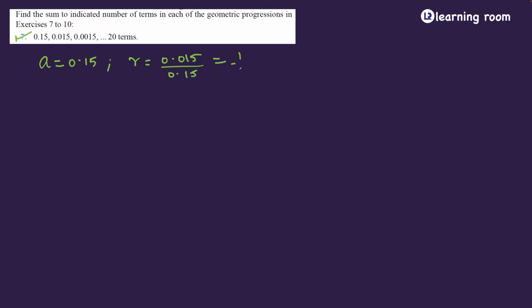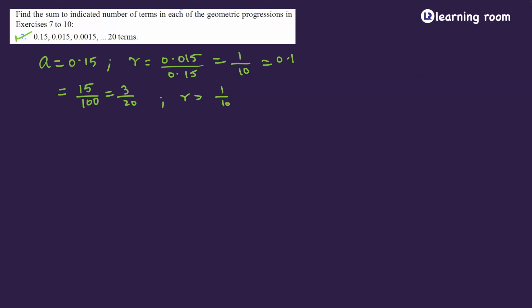Or you can write it as 0.1, right? So 0.15 means, can you write it as 15/100? So 15/100 means you can write it as 3/20, and R is going to be 1/10.